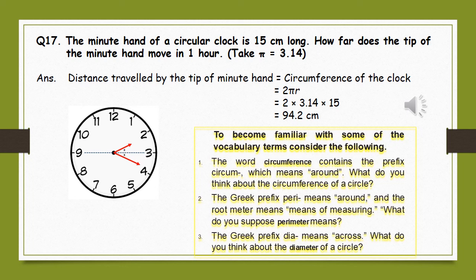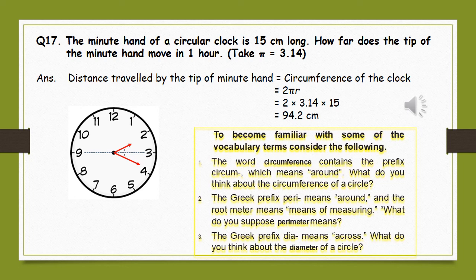So far, we have learned few terms related to the circle. Let us know some interesting facts. How did these terms come to be found? The word circumference contains the prefix circum, which actually means around. So circumference means moving around the circle once.